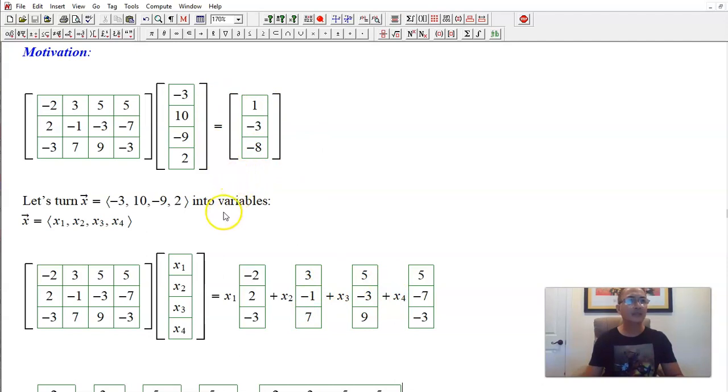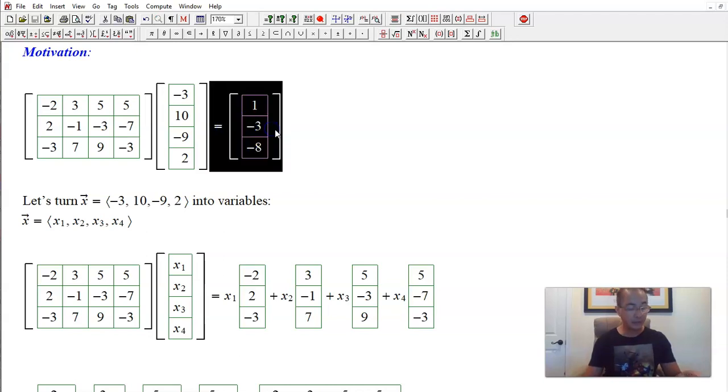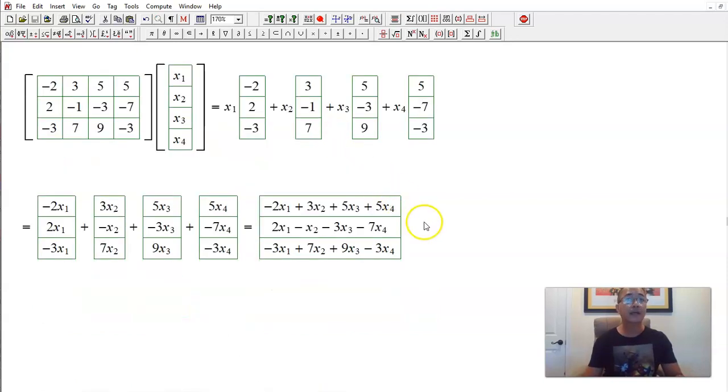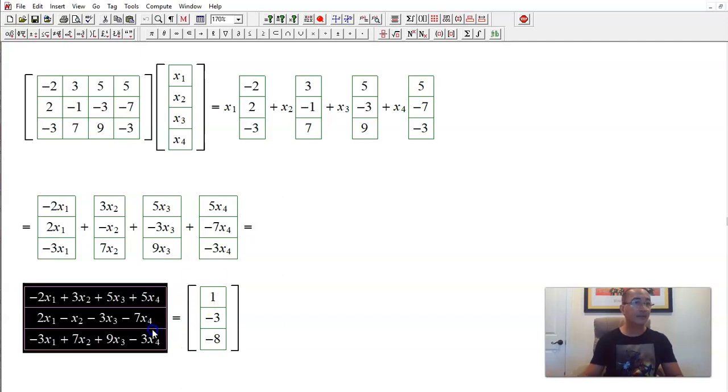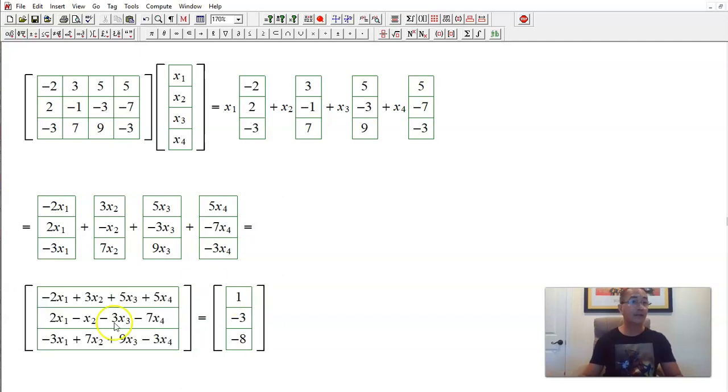So what this means is that if you replace the x's by minus 3, 10, minus 9, 2, you will get this right-hand side. So I'm going to copy this right-hand side and put that over here, okay? So check it out. We have a 3 by 1 matrix on the left. This is all one number, okay?